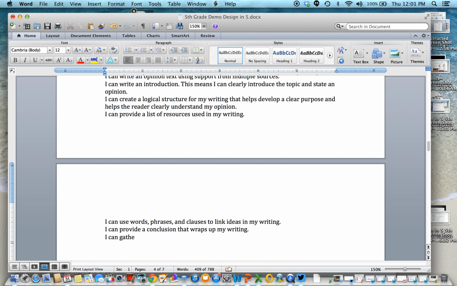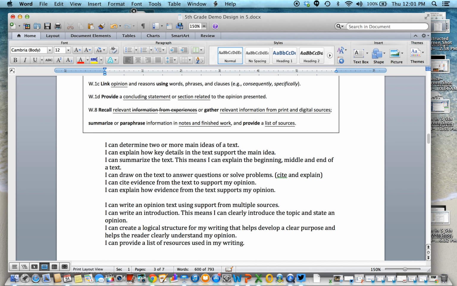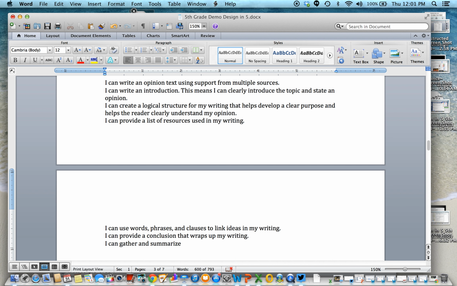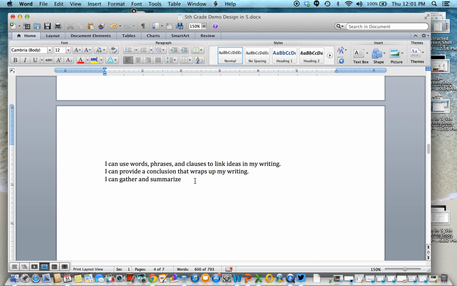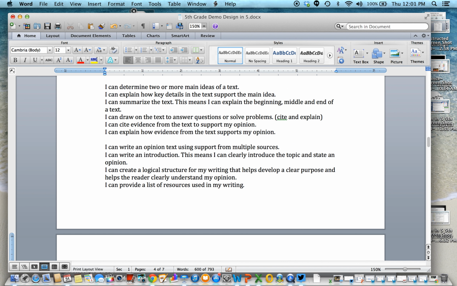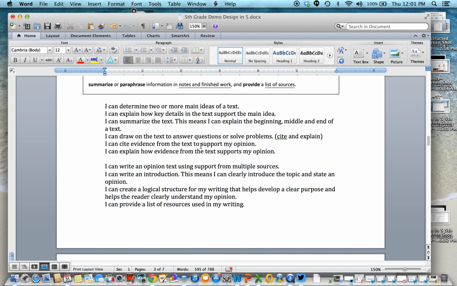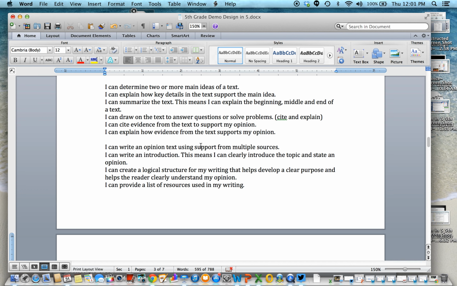I can gather and summarize. You know, I think that's actually going to be already up here. Yeah, we're going to leave that out for right now, because that's going to be inherent in what we want. I mean, they have to do that in order to get into this, but I think we have that represented. And if we don't, then we'll come back to that.